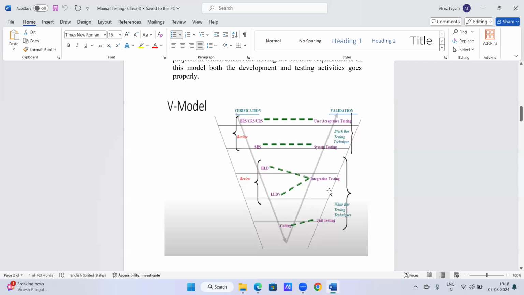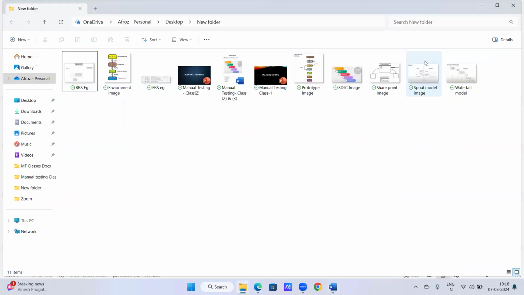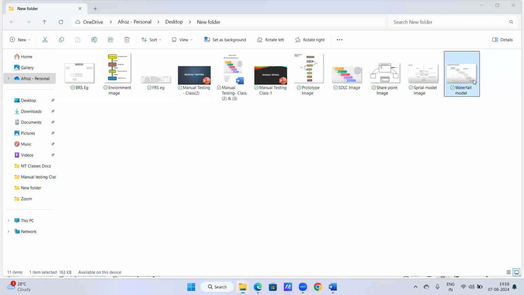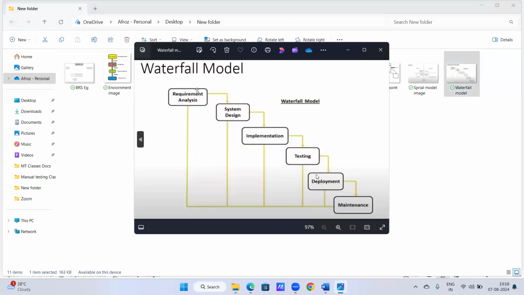But previously it was not there, right? In the waterfall model, we have only one phase of testing. Do you remember, one phase of testing? Waterfall model. So here in this waterfall model, we have only one phase of testing.